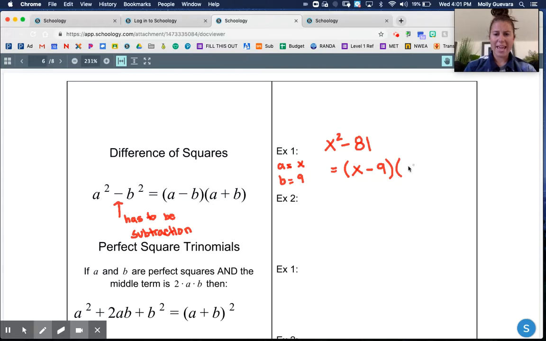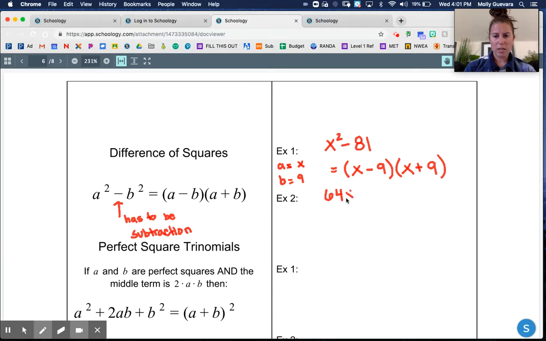My a is x plus my b is 9. And the order doesn't matter. If you do x plus 9 first and then x minus 9, that's totally okay as well. Hopefully that makes sense. You're just taking the square root of the first term and the square root of the second term. Let's do another one of those.